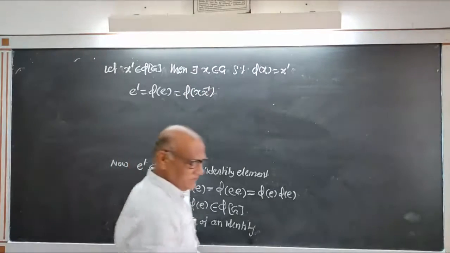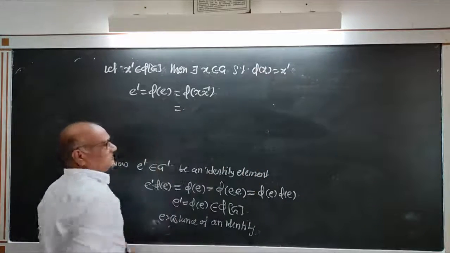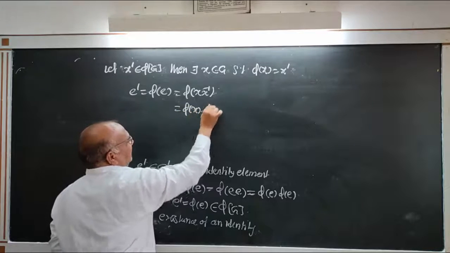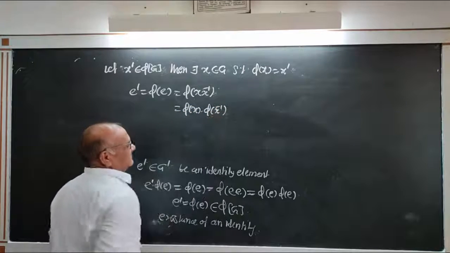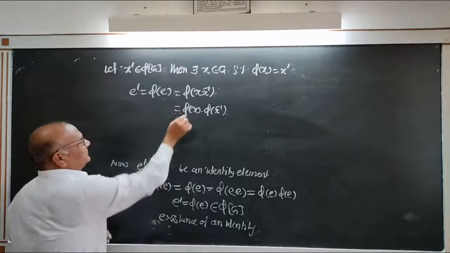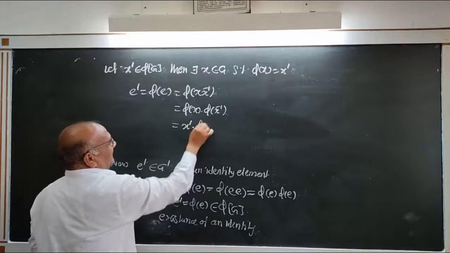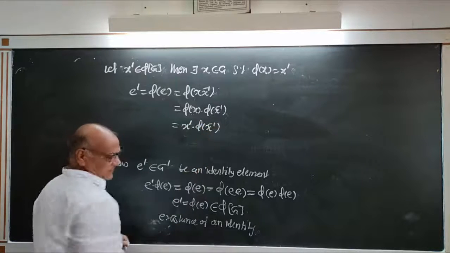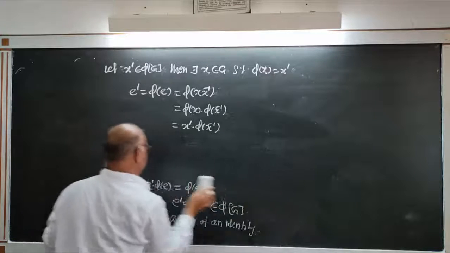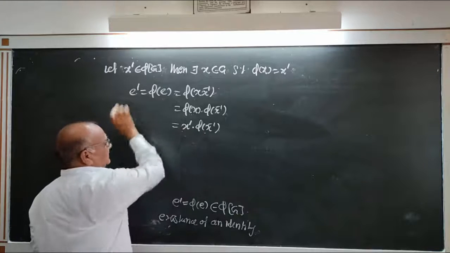So this is phi of x into phi of x inverse. But phi of x is x dash, so x dash into phi of x inverse is equal to E dash.